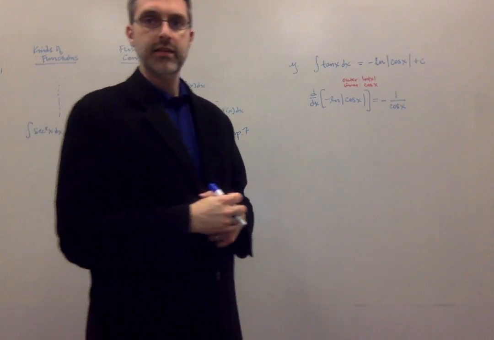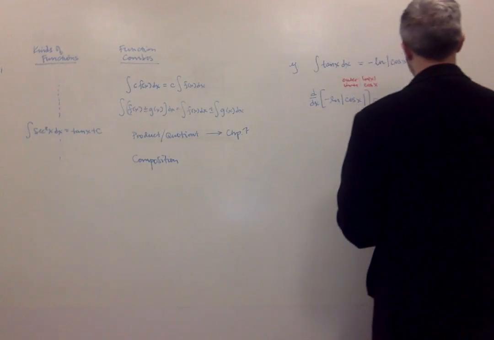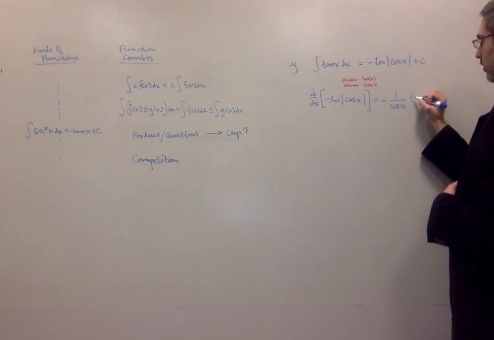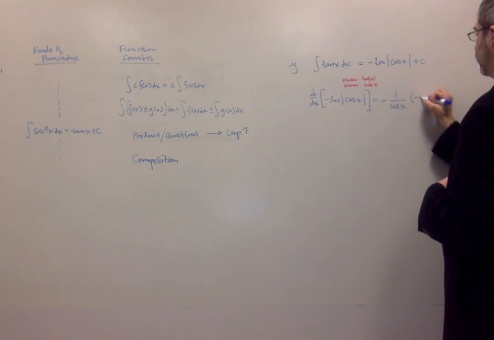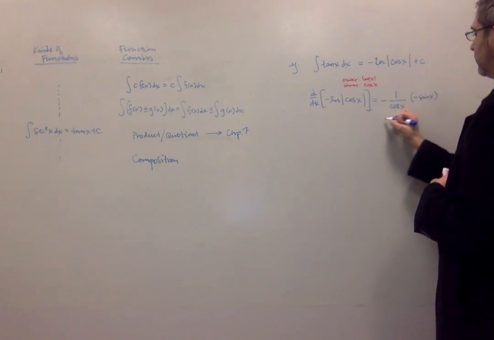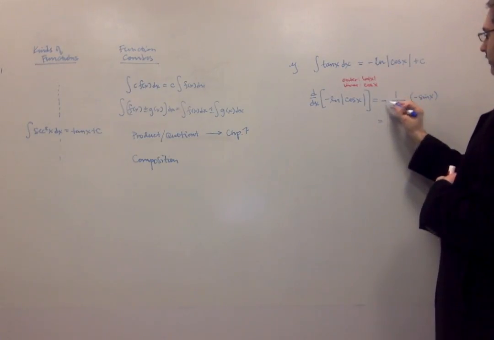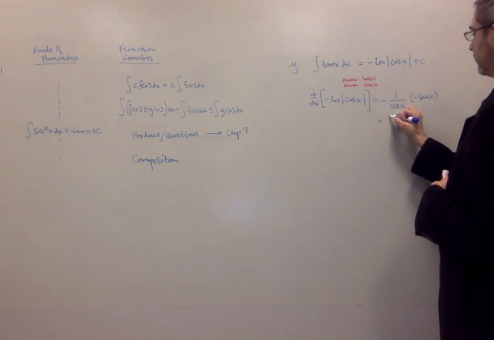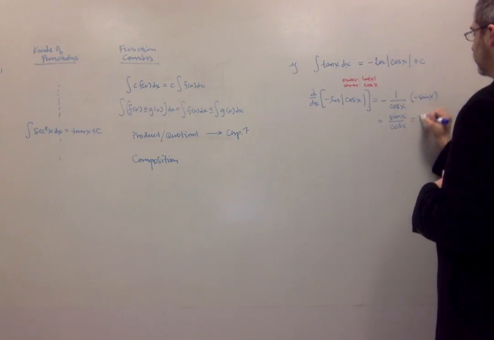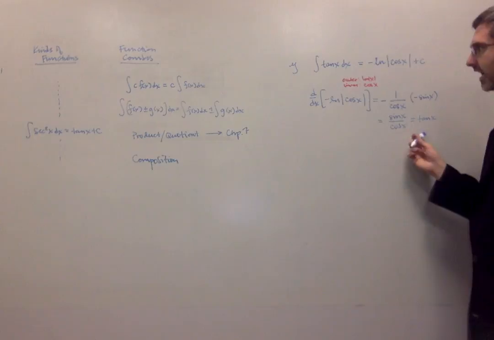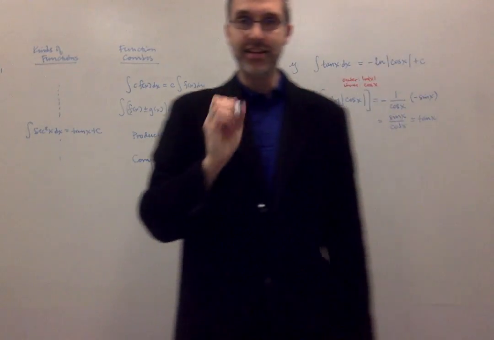And then let's multiply by the derivative of the inner. Now the derivative of cosine, it's a co-function, so we're going to get a negative sign there. And if you're tracking here, you'll already notice that the negative times negative gives me a positive sine over cosine. And sine over cosine is tangent. So in fact, this function did differentiate to tangent.